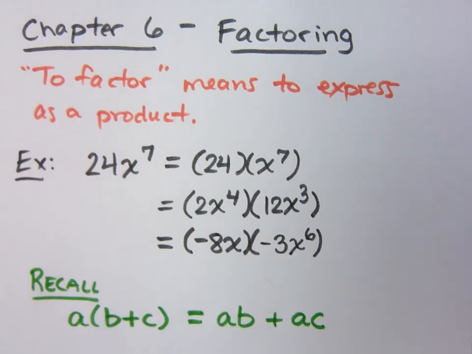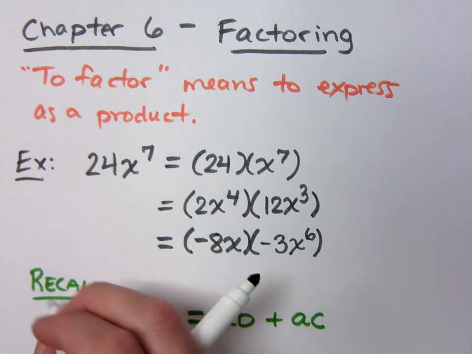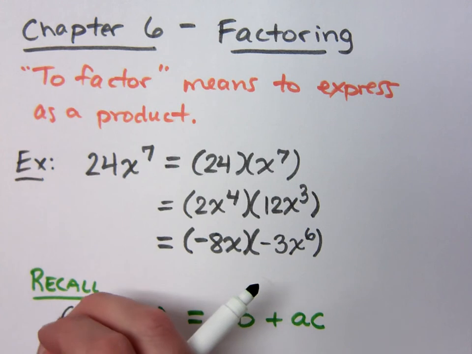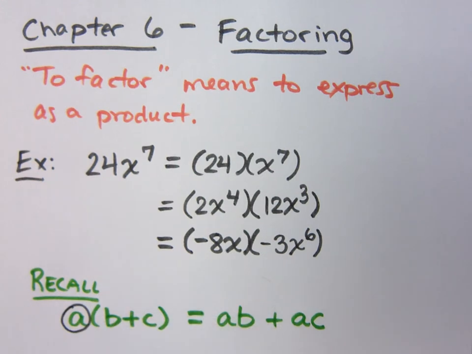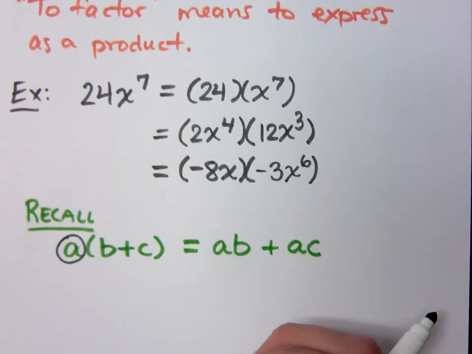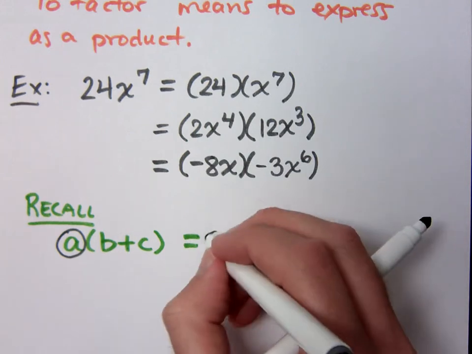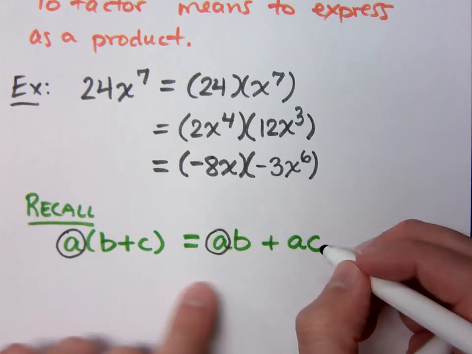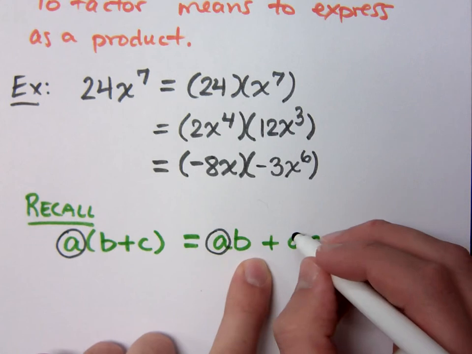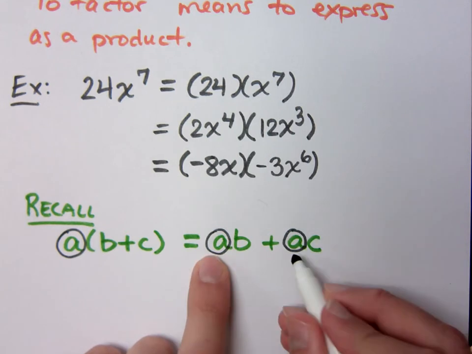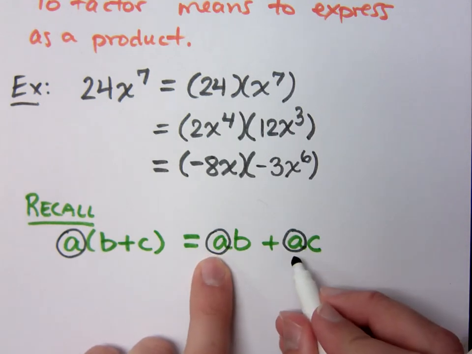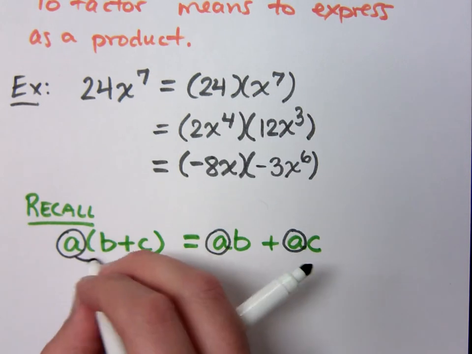Do you guys remember that? So what you see is that you took this factor of A and you multiplied that so it became a factor of the term AB and of the term AC. So these guys all contain a factor of A. Do y'all agree? Because I took it and I distributed the A.